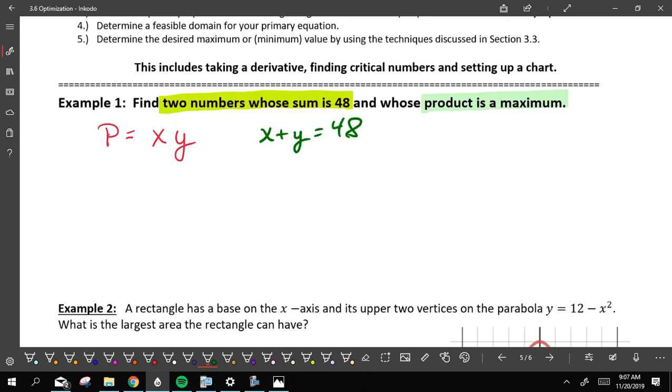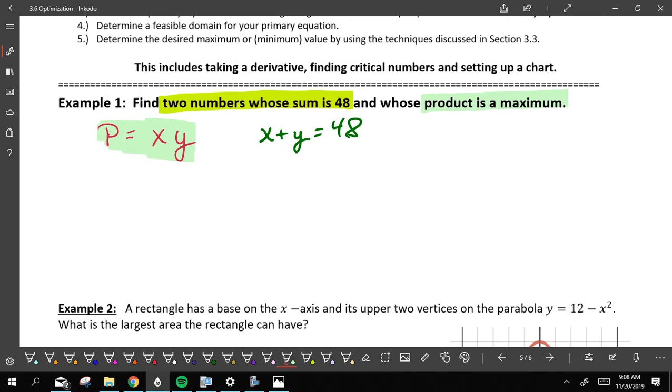This is the equation that matters. This product equation is the one that matters because that's what I'm trying to maximize. But this is going to help me to figure this out. My product equation right now has X and Y. I'm going to use that other information to make this first equation just have one letter. Think back to your Algebra 2 days. We are going to do substitution here.